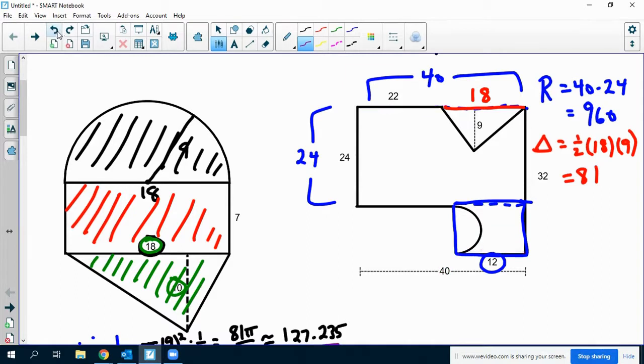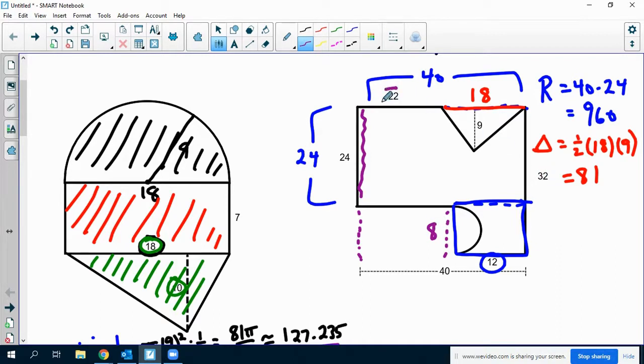Now this is 12, and the whole thing is 32, and this part is 24. So the part that's missing on the other side has to be 8. We can do that subtraction because 24 plus whatever's missing has to equal 32.